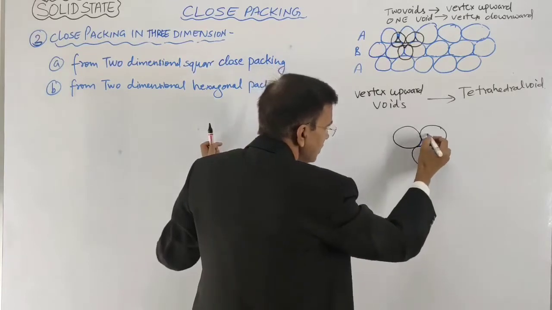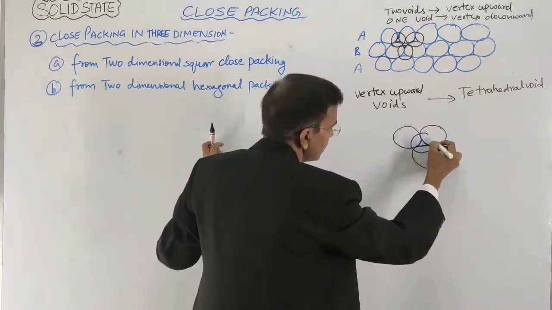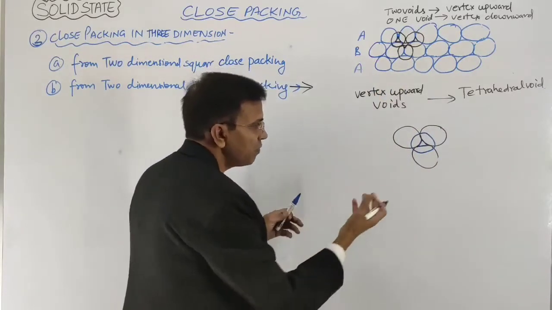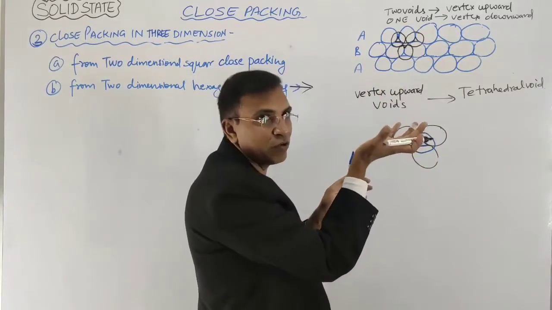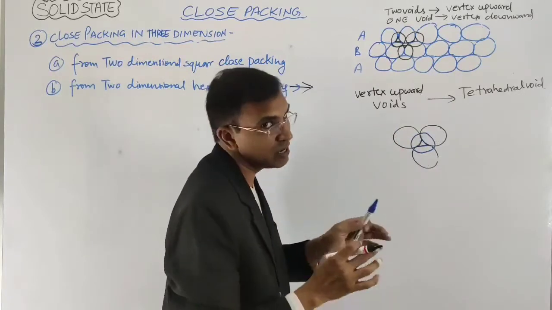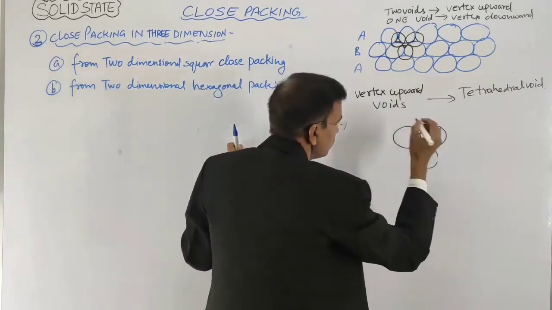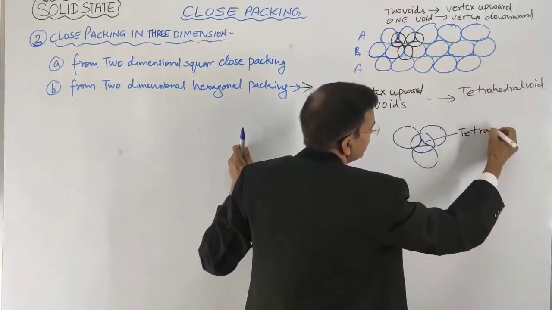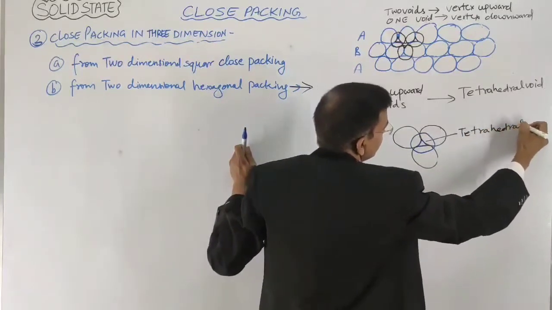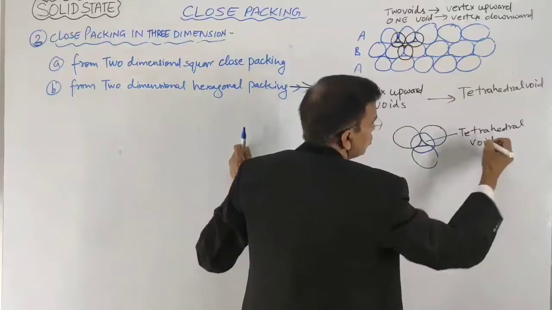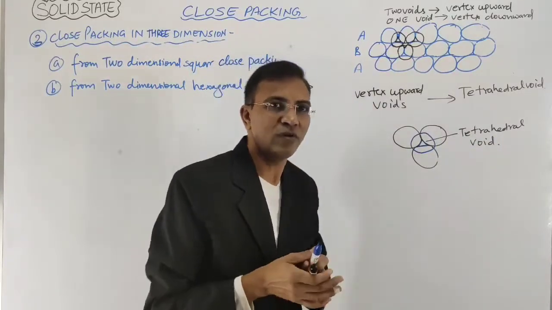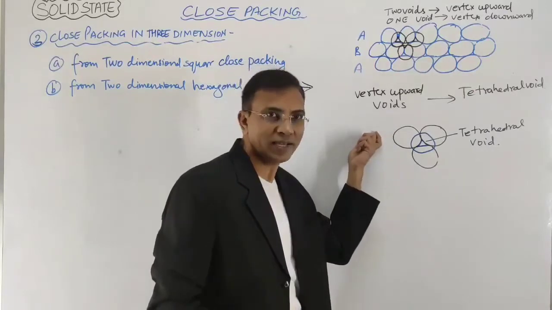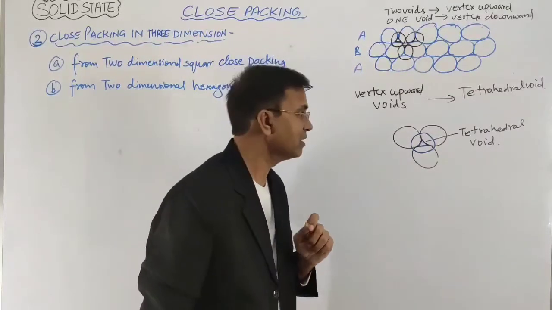Now if you place one atom from the upper side, right, this is the atom, you are covering it from the upward direction. Now from the below direction, if you see, it is actually a tetrahedral void. So this is the tetrahedral void. So the tetrahedral void is formed from the two-dimensional upward vertex voids, right?